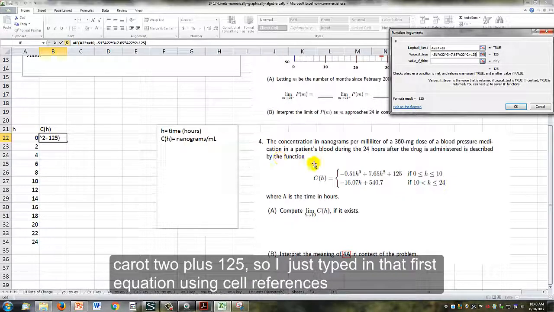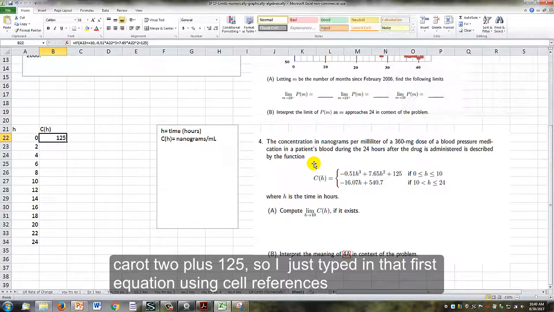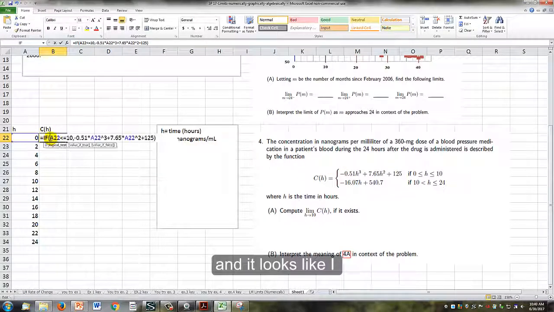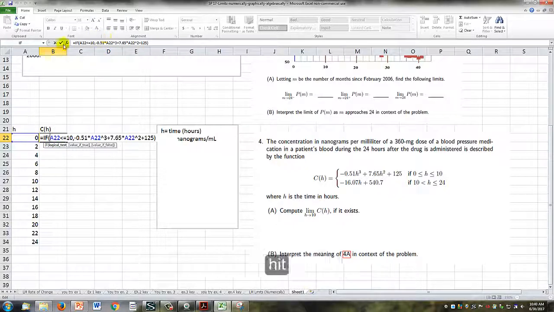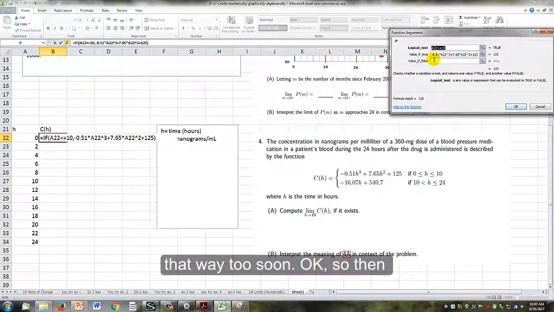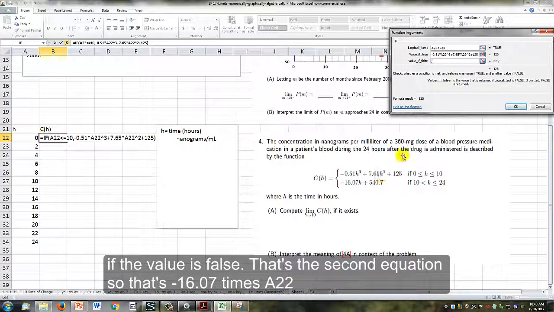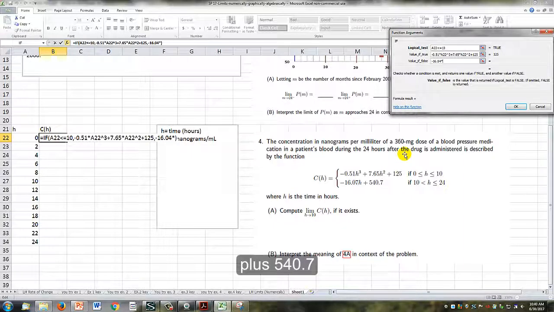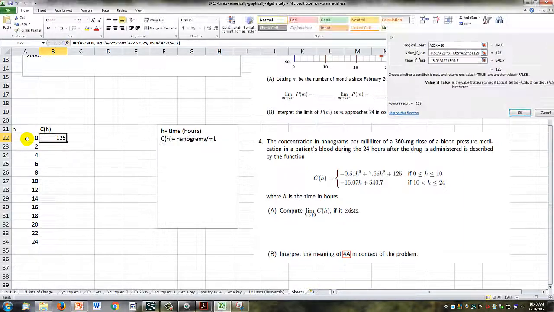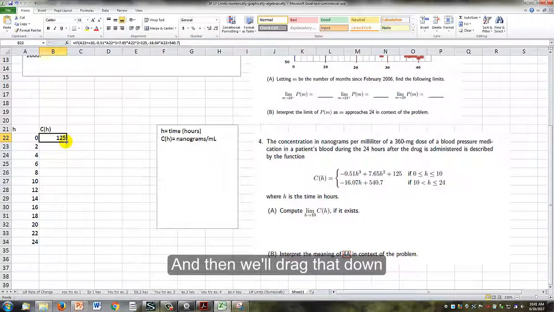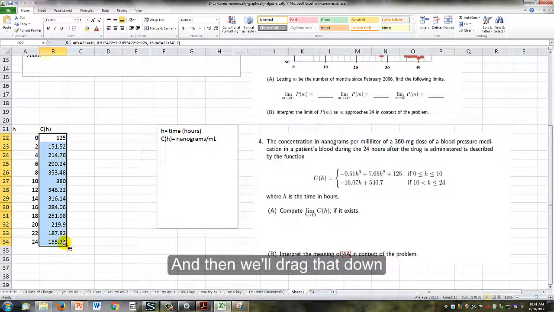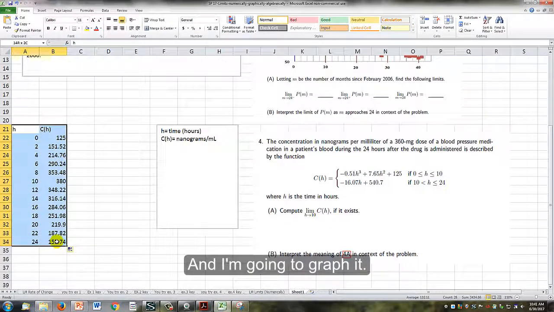So I just typed in that first equation using cell references, and looks like I hit that way too soon. Okay, so then the value if false, that's the second equation, so that's negative 16.07 times A22 plus 540.7. And then we'll drag that down, and I want to graph it.